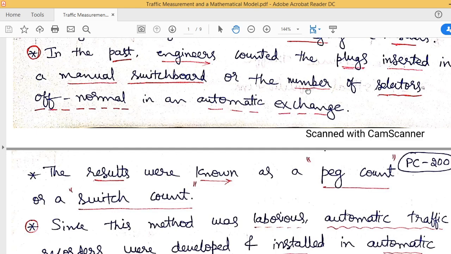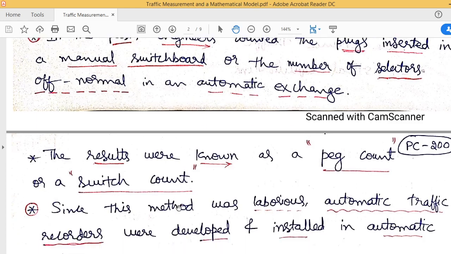Whereas in an automatic exchange, the number of selectors that are off normal are counted. The results obtained for a manual exchange are called peg count, whereas for an automatic exchange they are called switch count. This defines the number of calls that are in progress at a particular instant.